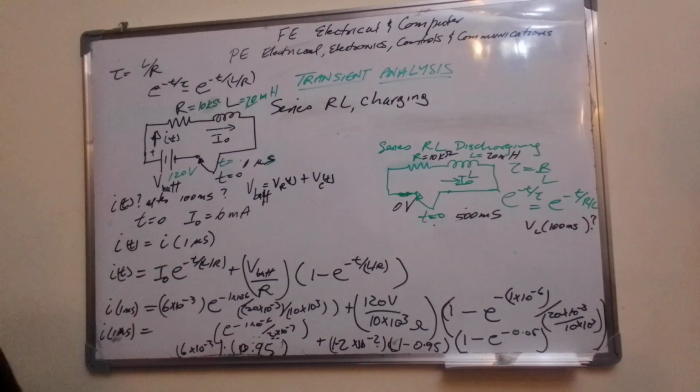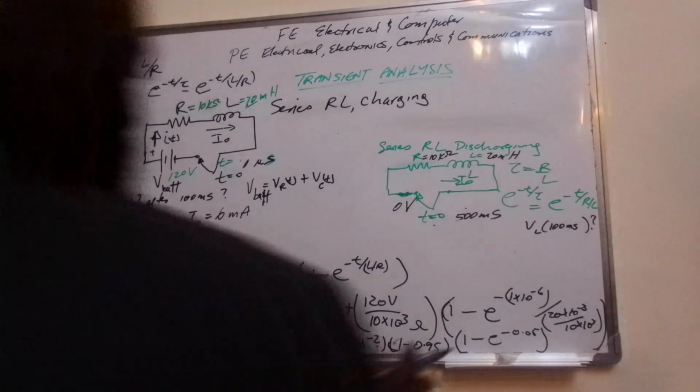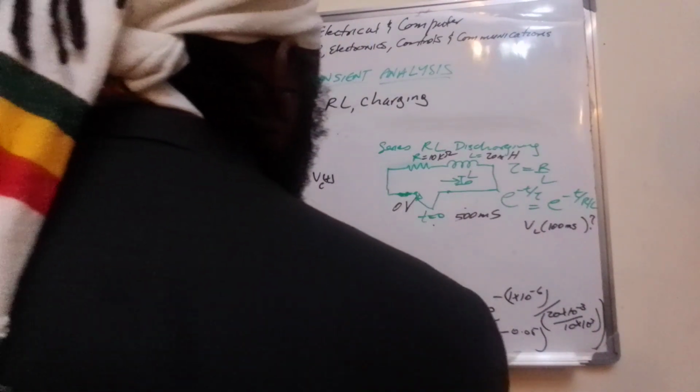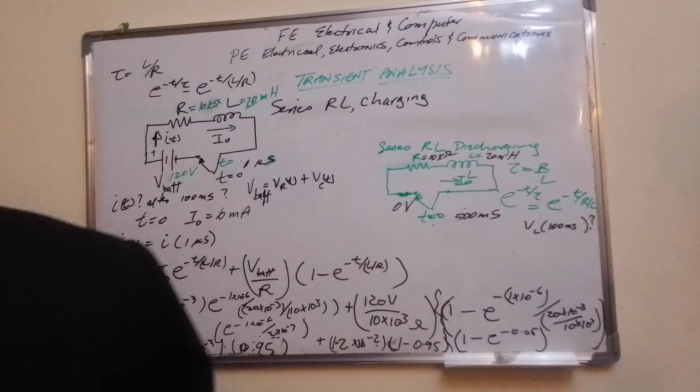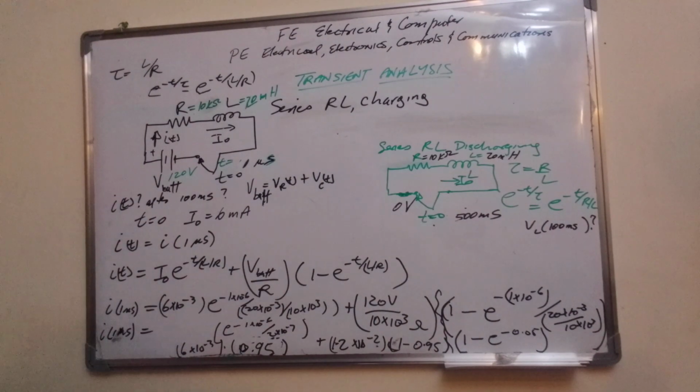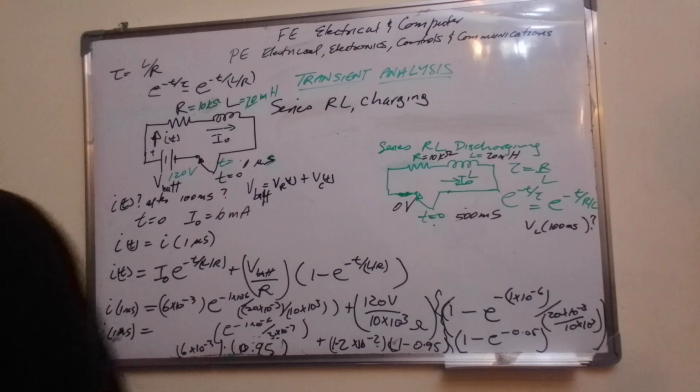Alright. So all that piece there would come out to that. So 6.3 times 10 to the minus 3 times 0.95. So 6 times 0.95 is equal to 5.7.